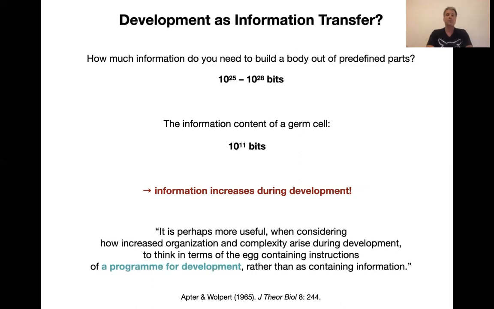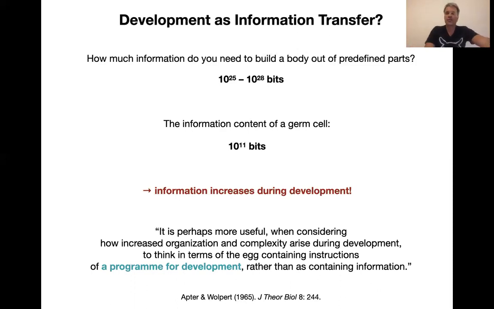So here's a quote: "It is perhaps more useful then, when considering how increased organization and complexity arise during development, to think in terms of the egg containing instructions, of a program of development, rather than as containing information."